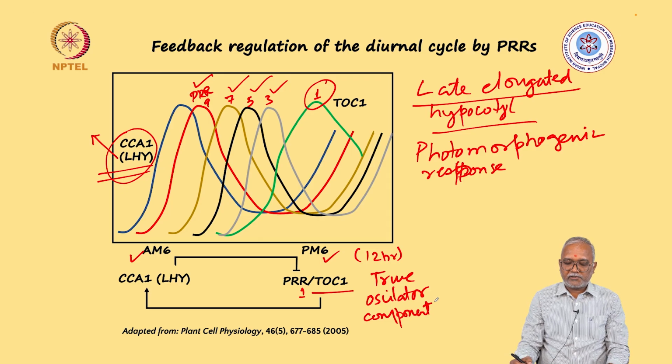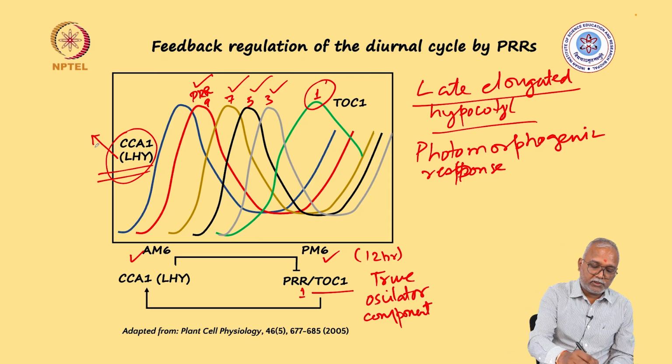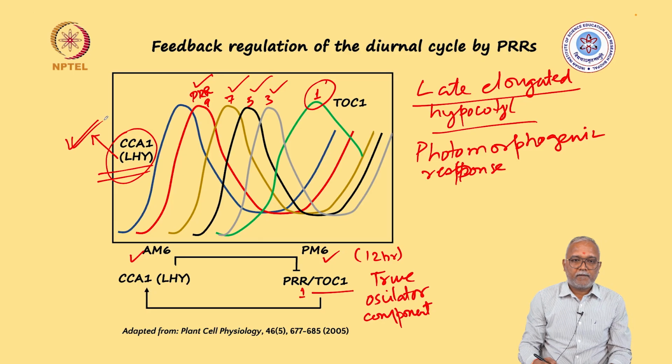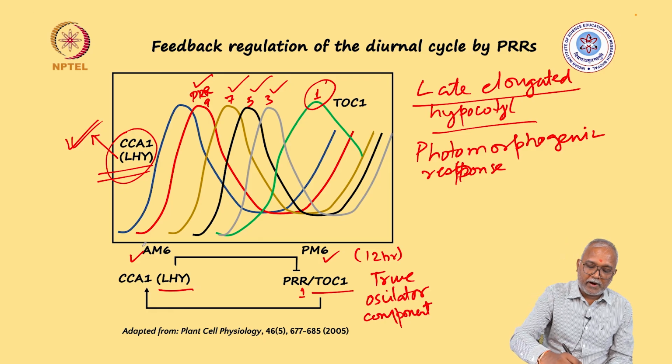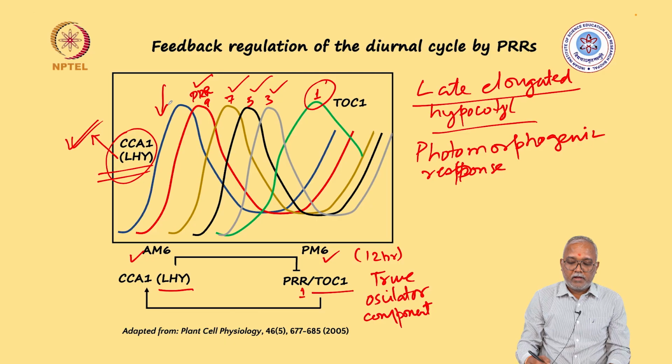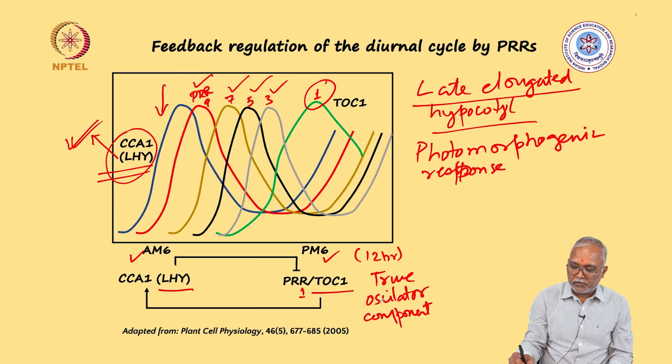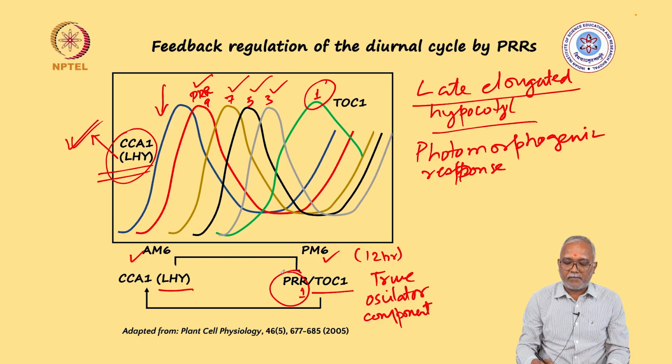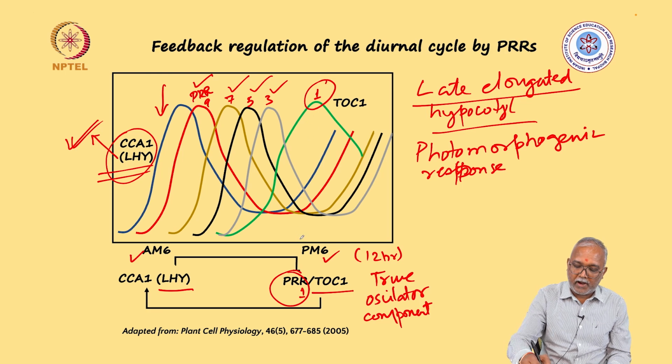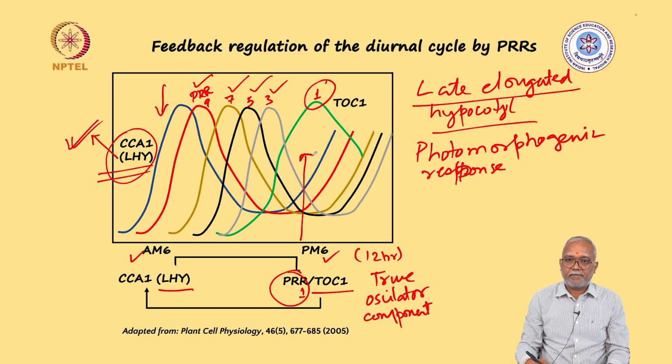Why? You can clearly see that this particular gene, late elongated hypocotyl, came up early in the morning when the light responses started. Now you notice this true oscillator component molecule, pseudo response regulator 1. When is that coming up? That is coming towards the end of the day.